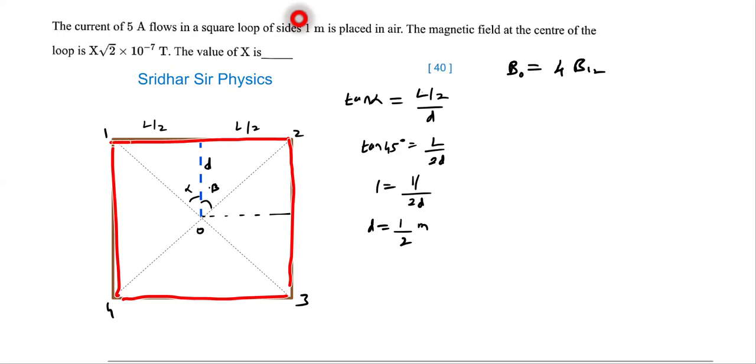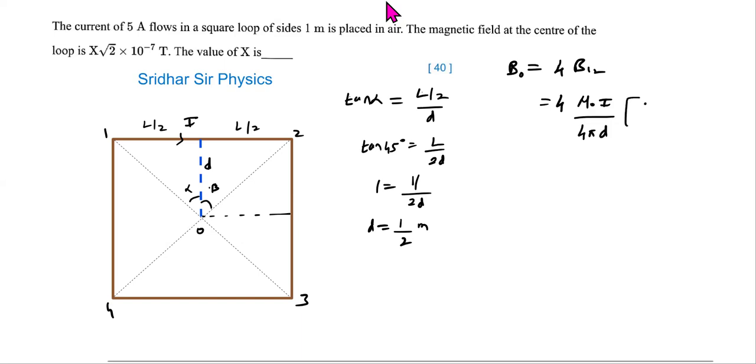So the field produced by wire 1 2, 4 times of that will be the net field. Fine, so this will be mu naught I, let the current flowing be I, over 4 pi D, into sin alpha plus sin beta.